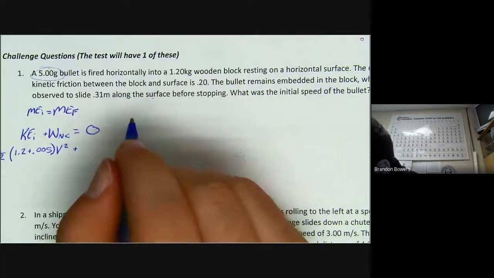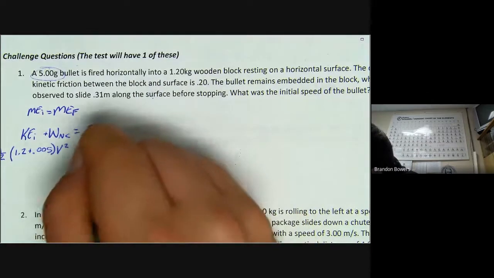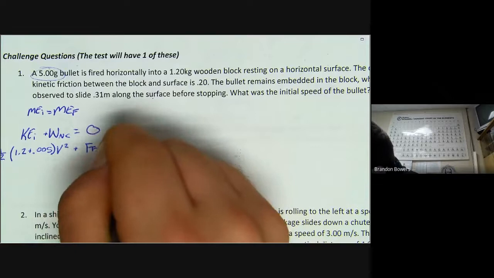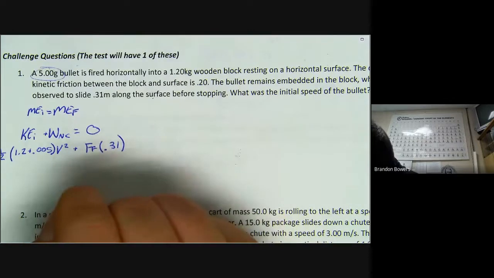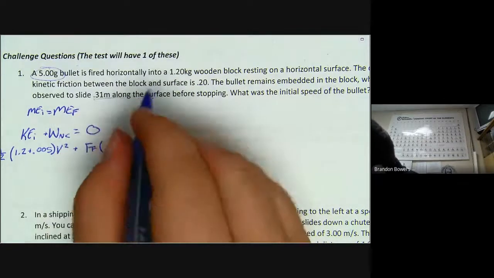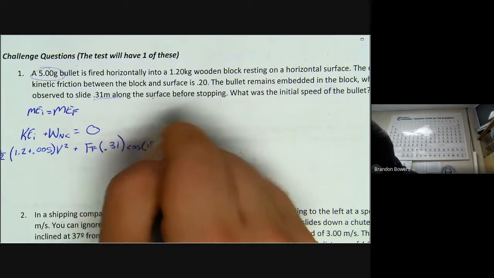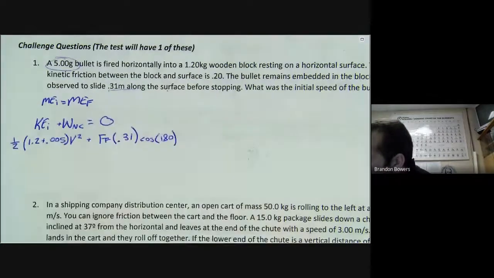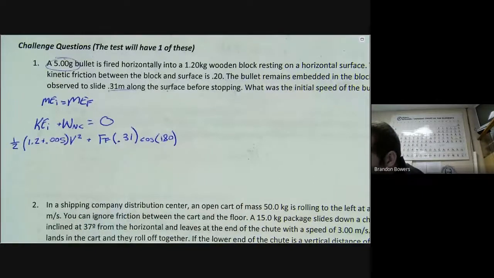What we have here is the force of friction times 0.3 times it by... Remember your work non-conserved. So now you have the x and the angle.